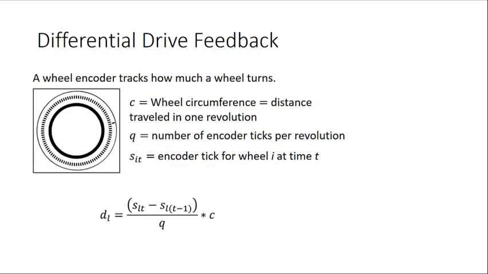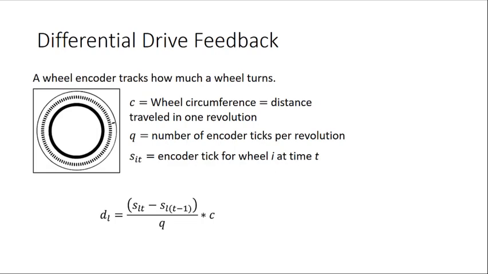So the change in encoder ticks. We're going to divide that by Q, which is the total number of ticks per revolution. So we're kind of getting a percentage of the total revolution, and then multiply that by the wheel circumference. And the wheel circumference is an actual length unit, so something like meters.